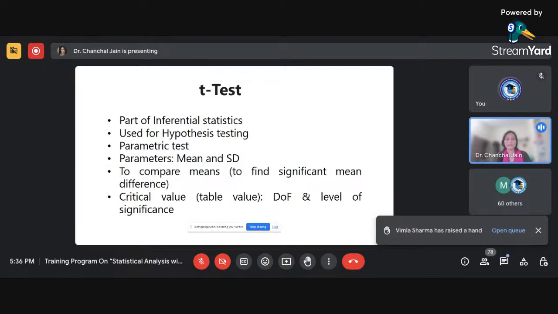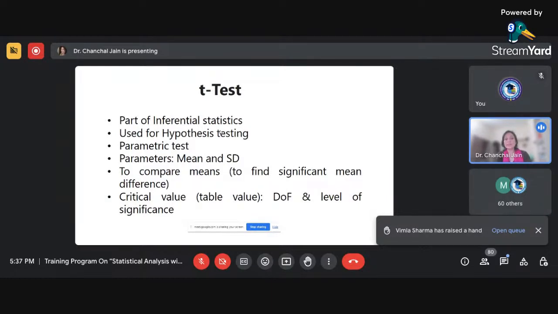So this is a part of this category. And generally when we talk about t-test, we can use the parameters, because if I want to define parametric test, the other definition of parametric test is a test which considers the parameters of the population. So what parameters? Parameters like the mean and standard deviation, or the proportion also comes under the parameters, right?